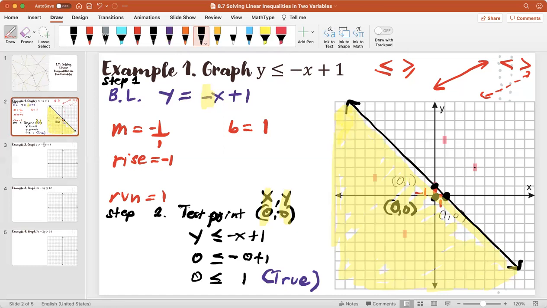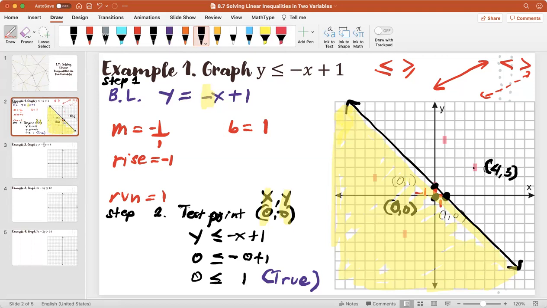Can you give me the coordinates of this point? It's going to be 1, 2, 3, 4, 4, 3, right? So the coordinates of that point is 4, 3. And we already know what kind of a statement we'll come up with, and that is a false statement.